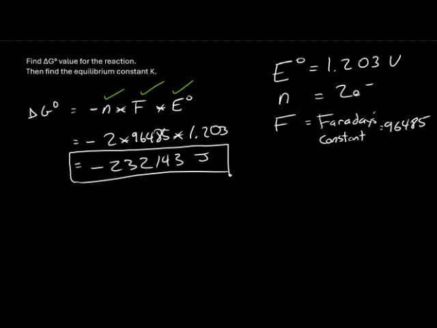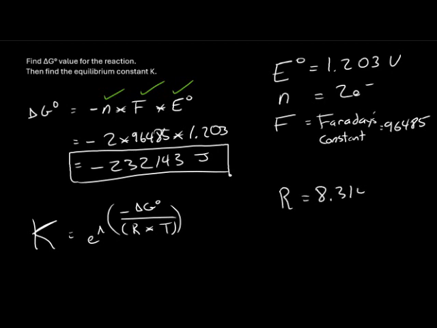Now that we know the delta G standard, we can find the equilibrium constant K. The equation we can use is that the equilibrium constant K is equal to lowercase e raised to the power of negative delta G standard divided by a new parentheses that contains R and T. The R we want to use for this will be 8.314 joules per mole Kelvin.